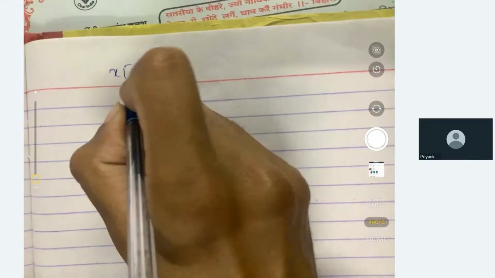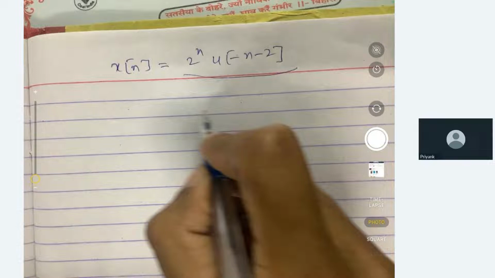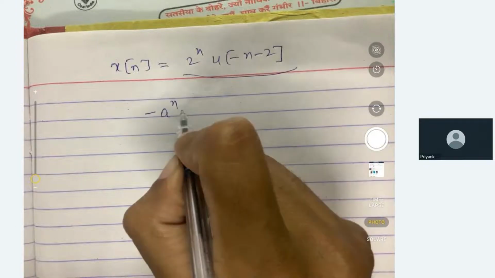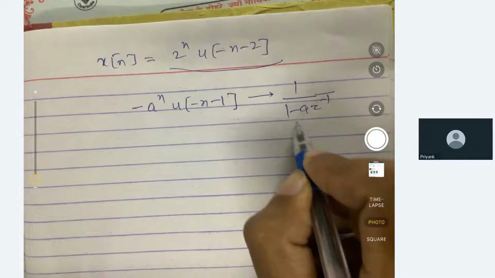So here, x[n] is equal to 2 raised to the power n, u of minus n minus 2. We know that a raised to the power n, minus a raised to the power n u of minus n minus 1, has Z transform 1 upon 1 minus a z inverse, with region of convergence |z| less than |a|.